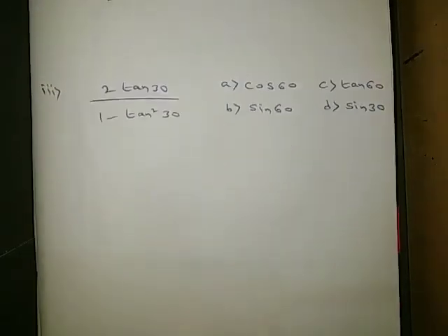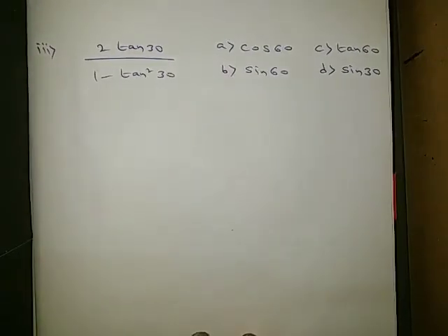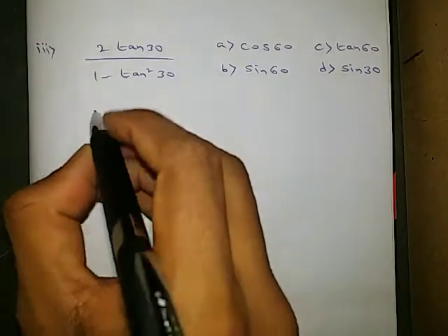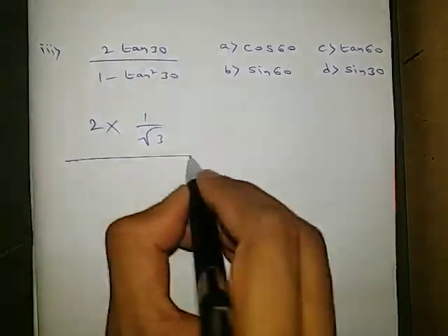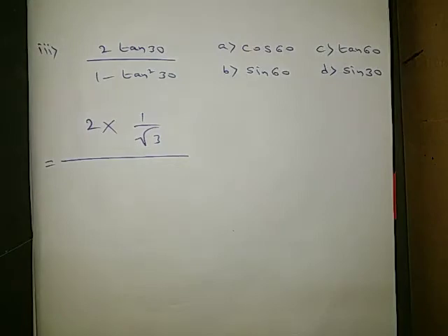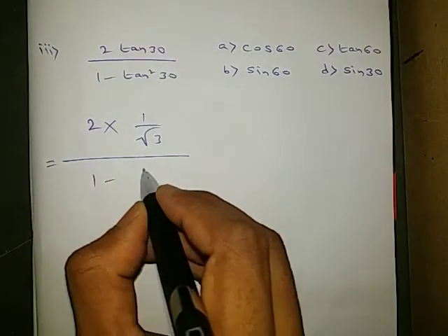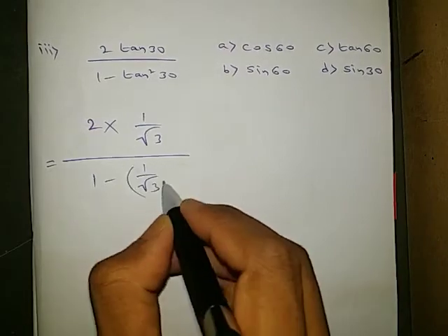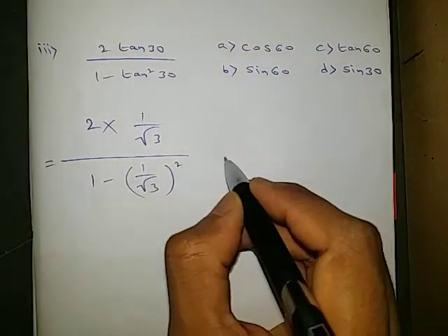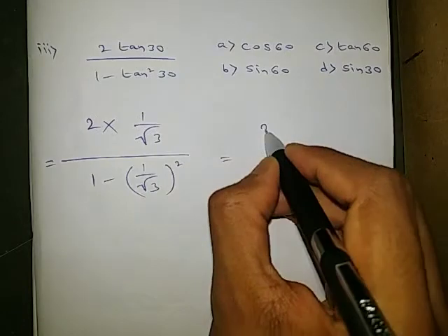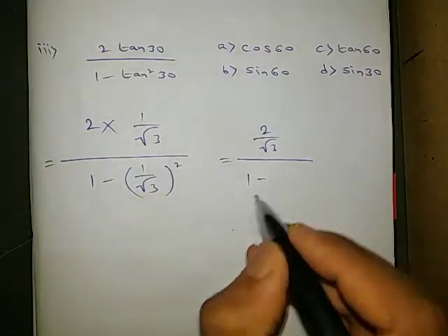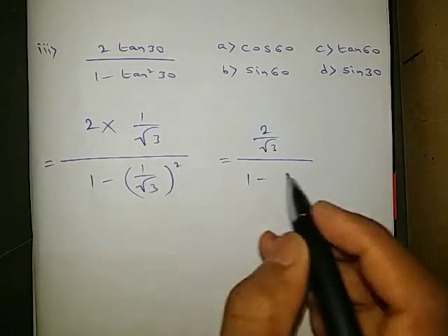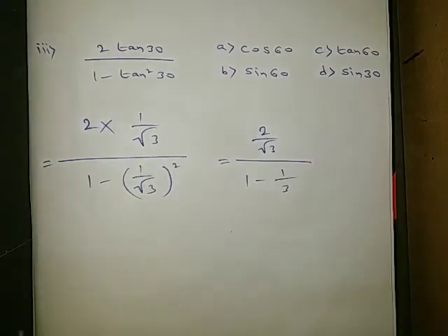Okay, let's move to the next question. The next question is 2 times tan 30 divided by 1 minus tan square 30. 2 into tan 30, 1 by root 3, whole divided by 1 minus tan square 30, 1 by root 3 whole square. 2 into 1 by root 3, 2 by root 3, whole divided by 1 minus 1 by root 3 whole square, that is 1 by 3.